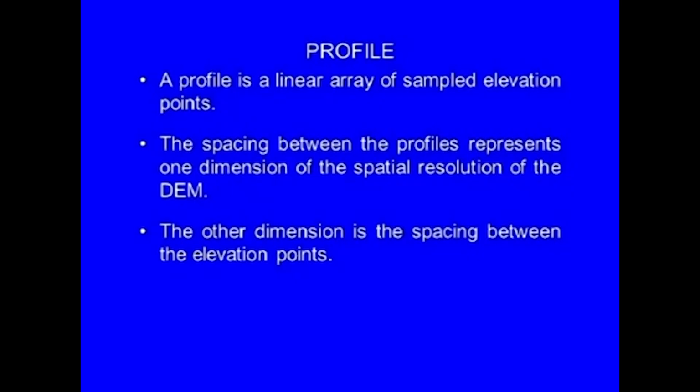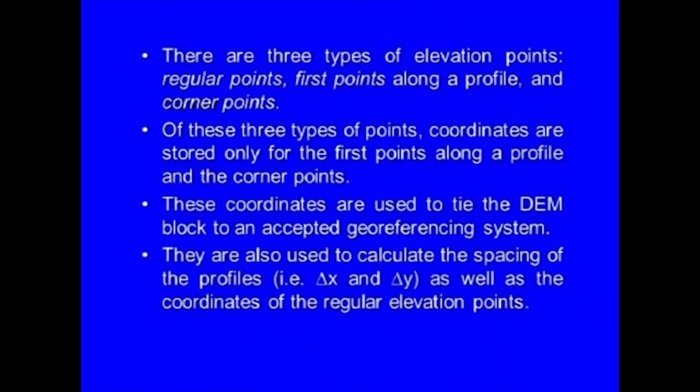The next element in a DEM is profile. A profile is a linear array of sampled elevation points. The spacing between the profiles represents one dimension of the spatial resolution of the DEM. The other dimension is the spacing between the elevation points. There are three types of elevation points: regular points, first points along a profile and corner points.